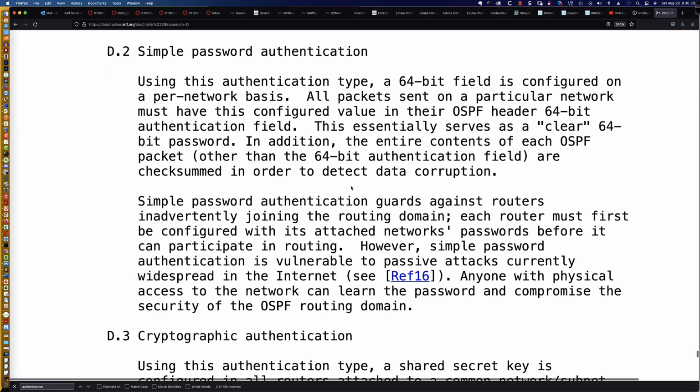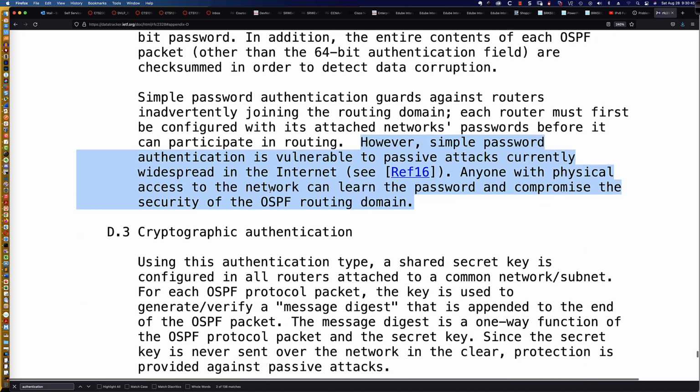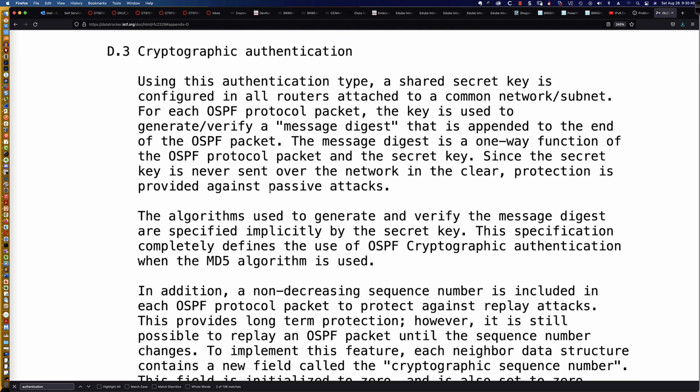And then here's the simple password authentication type. Now, simple password authentication is probably not the way that you want to go because of the statement right here, right? Anyone with physical access to the network can learn the password because it's in plain text. Then we've got cryptographic authentication, type 2.